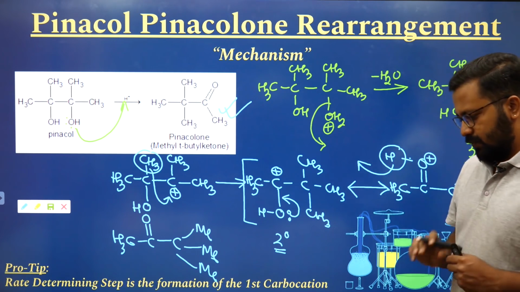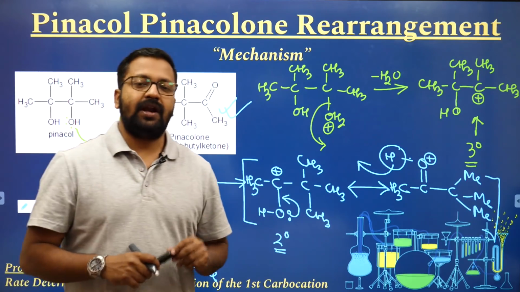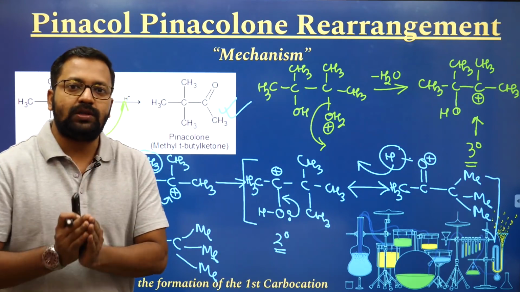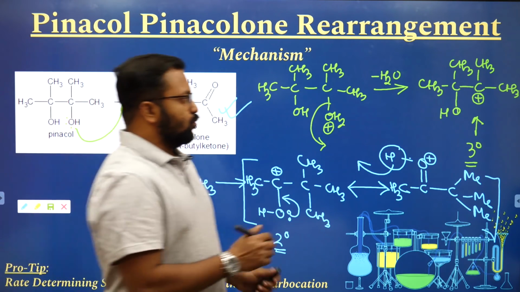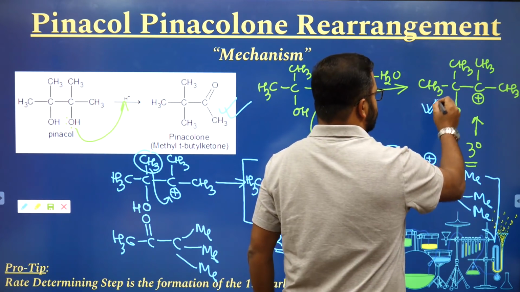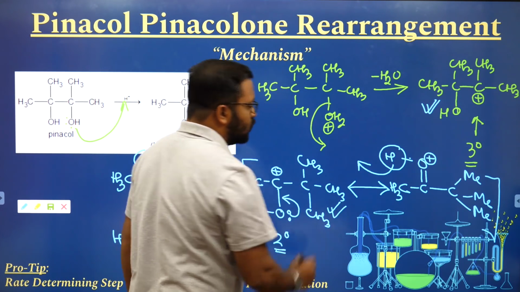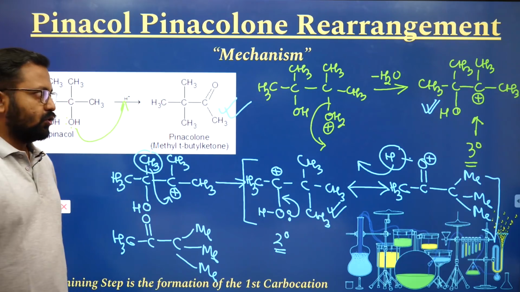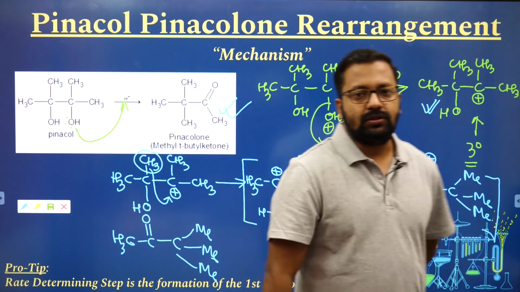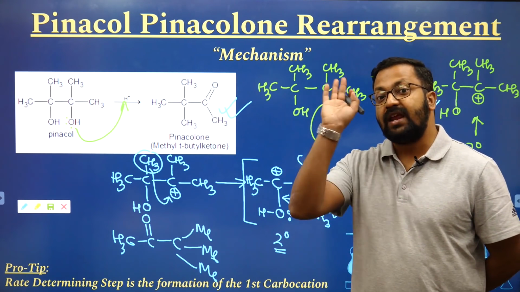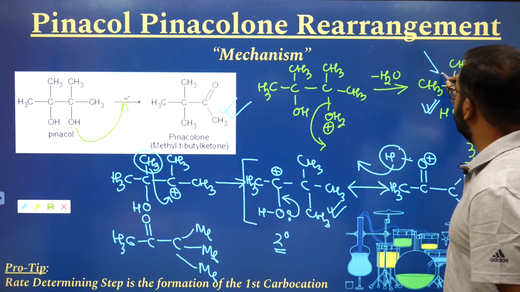Okay? Now remember, in any mechanism there is something known as a rate determining step. Rate determining is the slowest step of the reaction. Now, आपके पास 2 intermediate बन रहे हैं. One is this, one is this. You're getting 2 intermediates. So always remember, the rate determining step of this reaction is the formation of the very first carbocation. सबसे पहला carbocation कौन सा बना था? ये वाला.